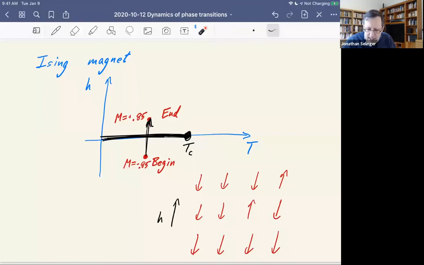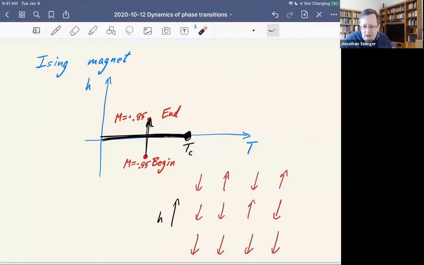So if we look at a particular spin, maybe this one, maybe there will be a random fluctuation where that spin changes and now it's pointing up instead of pointing down. Then what happens? Well, this spin now feels an influence of the applied magnetic field. That's a very favorable influence, right?